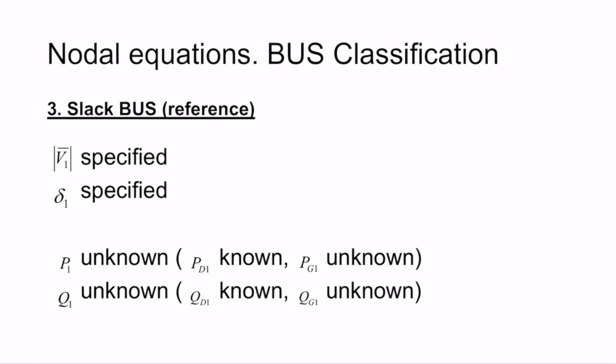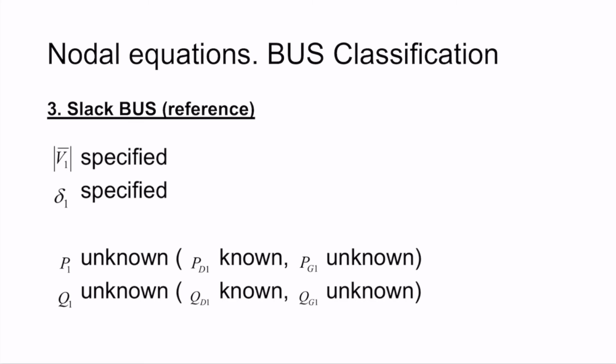And the last classification is for what is called the reference bus or slack bus. This is selected only for one bus of the network. This will be used as a reference because if we observe the power flow equations, this power equation depends on the difference of phase angle between nodes.